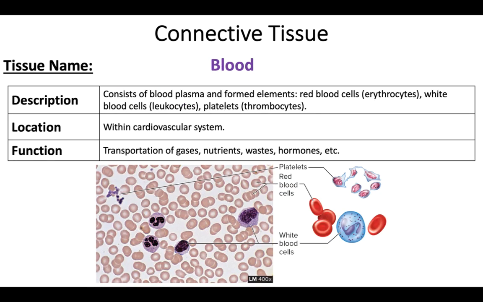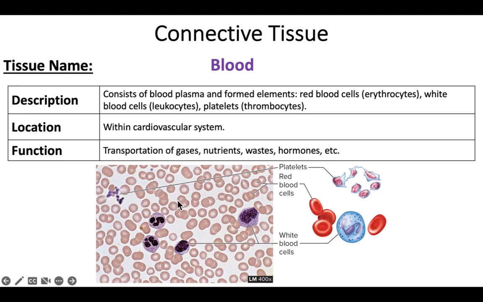Last connective tissue is liquid, it's blood, and obviously that's a topic for A&P 2 when we get to the cardiovascular system. But this tends to be a pretty easy one to identify. It's got liquid ground substance that's called the plasma, and then it has the cells, white blood cells and red blood cells, and then little platelets.